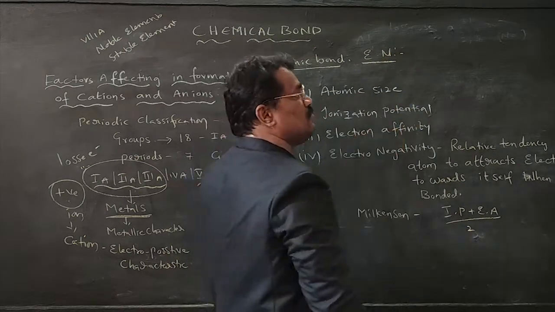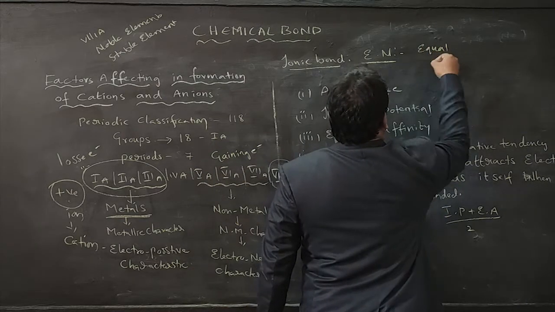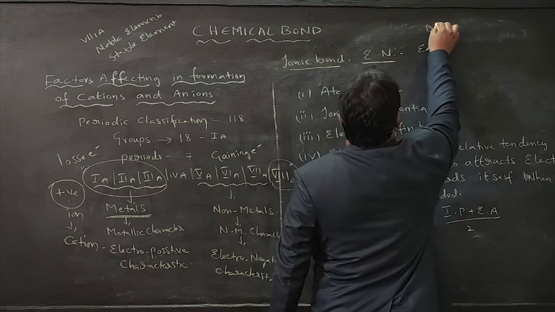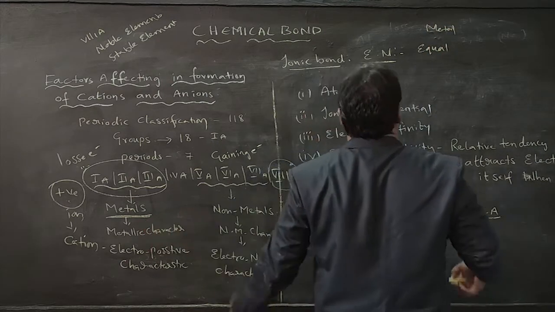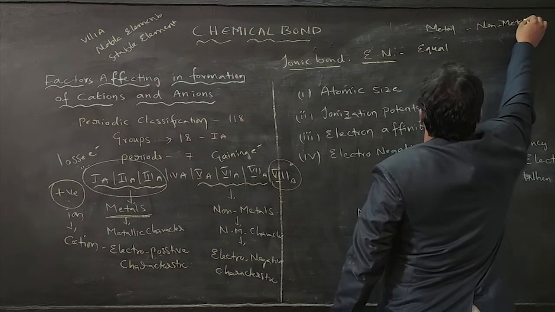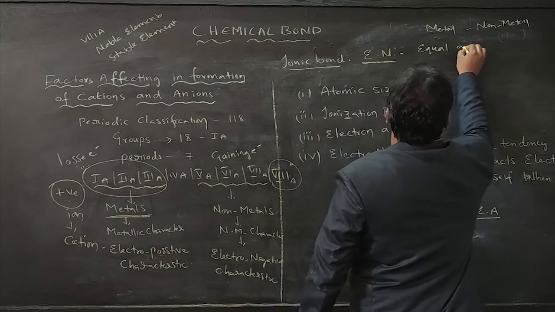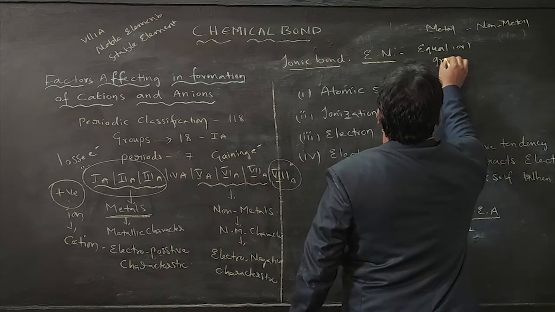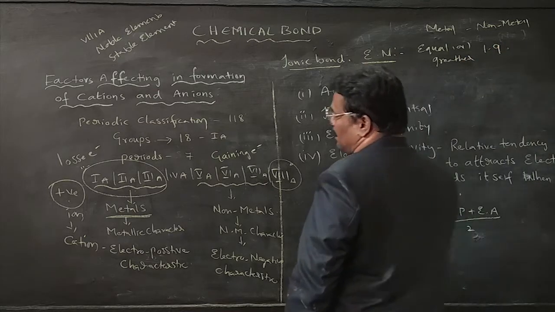The electronegativity difference between the elements, metals meaning electropositive elements and non-metals meaning electronegative elements, must be equal to or greater than 1.9.